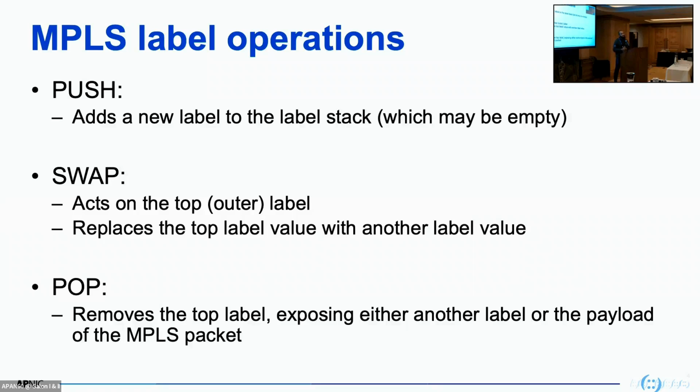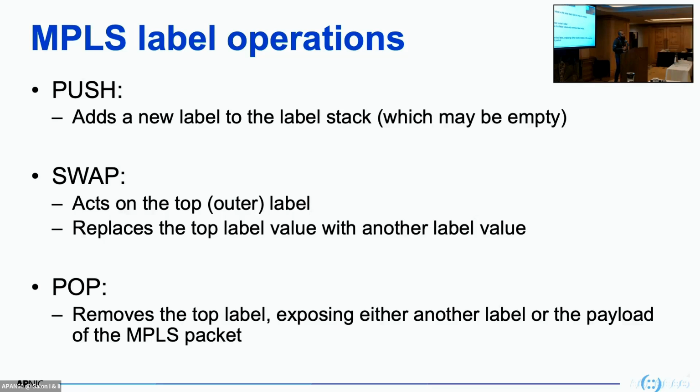So what happens is, if a generic packet comes to an MPLS-enabled router, it does one of these tasks. It either adds the label between layer 2 and layer 3, that's called push, meaning you are pushing a label to the packet and making it an MPLS-aware packet.